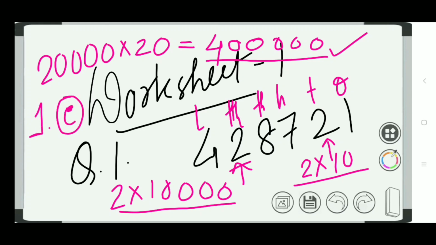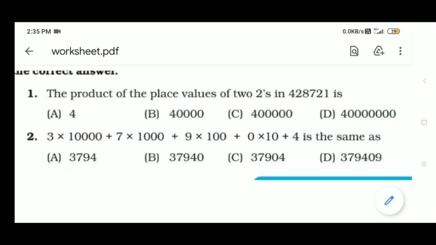Okay, let's do the next one. So you can see in question number 2 it is given an expansion where you can see 3 into 10,000, 7 into 1000, 9 into 100, 0 into 10 plus 4. Okay, now how to do this?